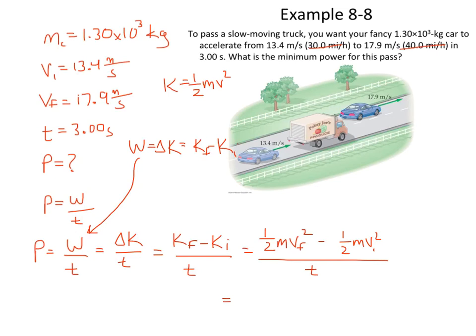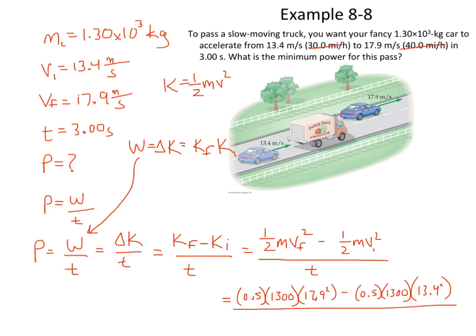All right, well, let's find out what we have. 1/2 m v final squared. Instead of 1/2, I'm going to put 0.5, times the mass, so that's 1,300 kilograms, times v final, that's 17.9 squared, minus 0.5 times 1,300 times our initial velocity, 13.4 meters per second, that value squared, over the time, which is 3.00 seconds.